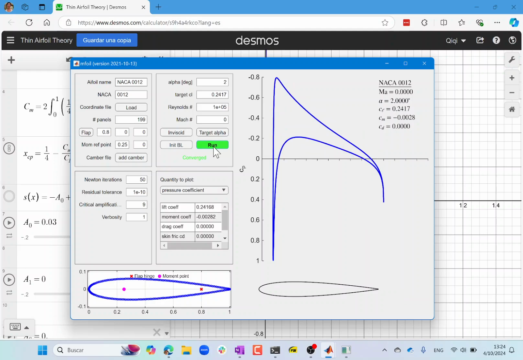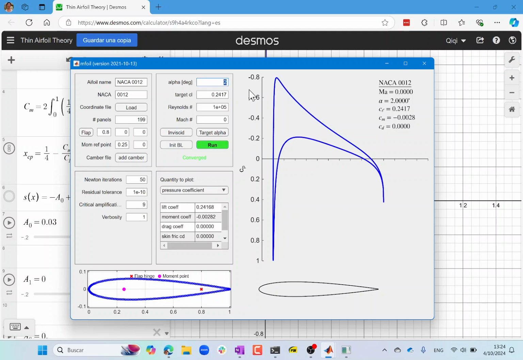Of course, it doesn't exactly double because of the effect of the sine. Thin airfoil theory approximates sine of theta with theta, right? Tangent of theta also with theta, things like that. So it's not going to be exactly the case, but for 2 degrees, it's almost the case.